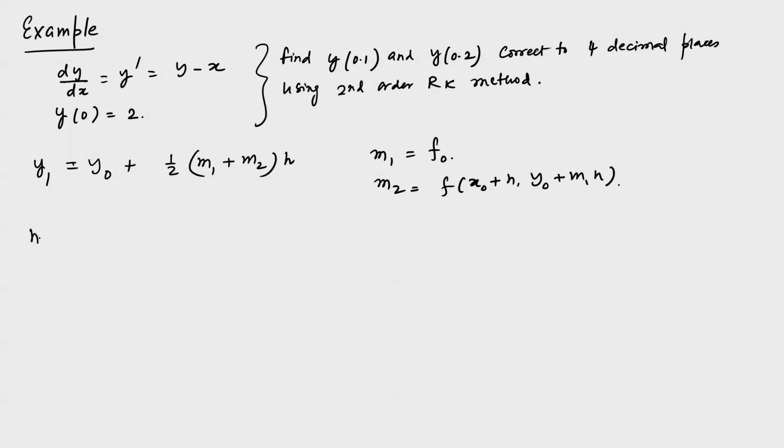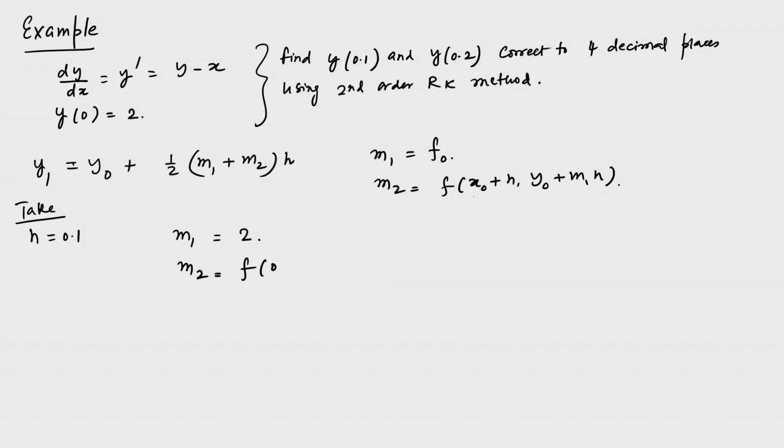So, take h equal to, it is not specified, but we can take anything that we feel correct. So, this is m1, equal to the value of the function, that is equal to 2, and m2 equal to f.